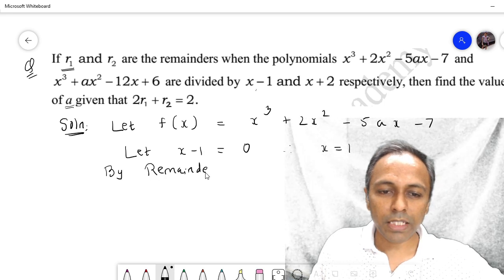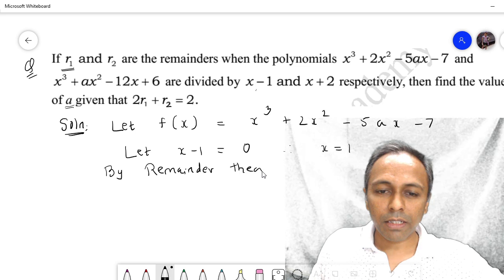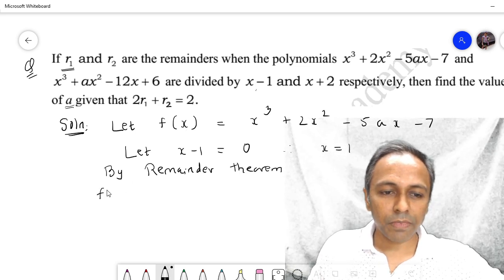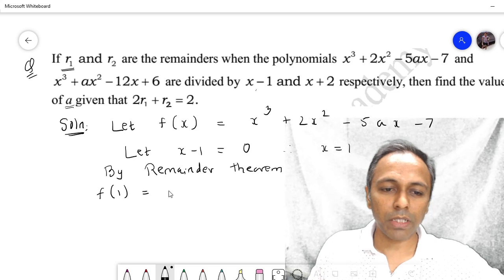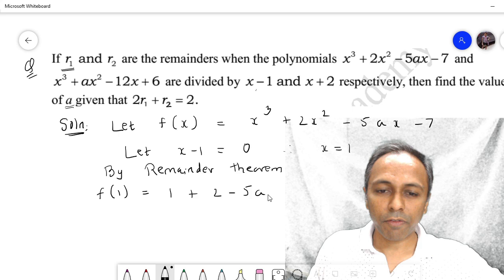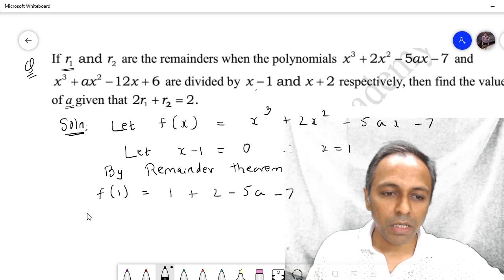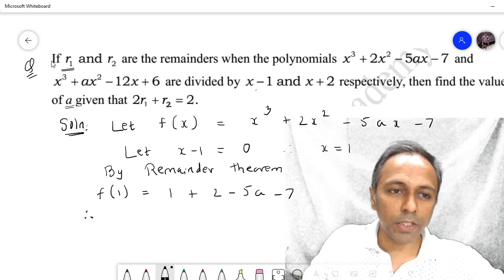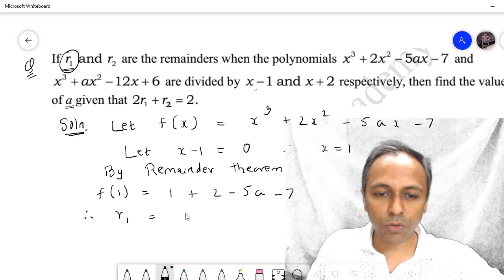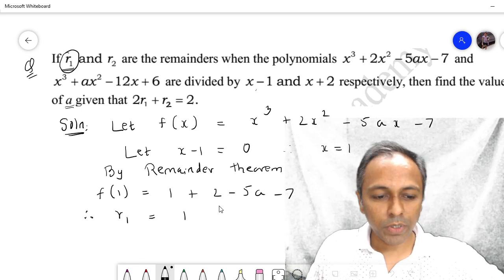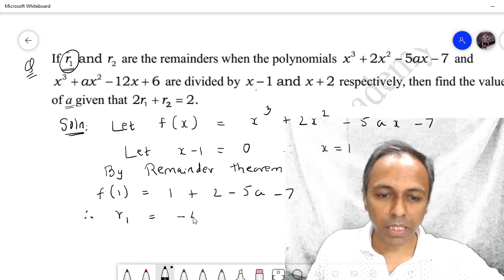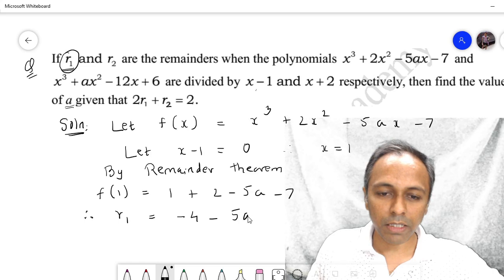If you are solving in exam, let's write the reasons. So put 1 in place of x, then f of 1 is equal to 1 plus 2 minus 5a minus 7, but the remainder f of 1 is denoted by them as R1. So R1 happens to be how much? 1 plus 2, 3 minus 7 is minus 4 minus 5a.